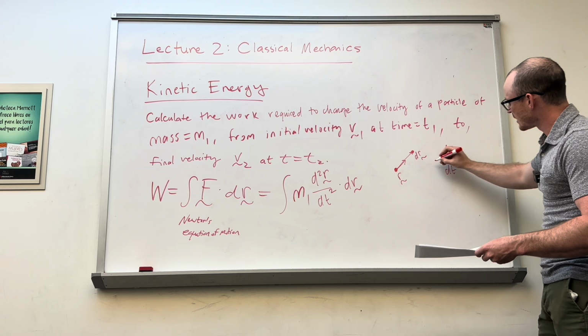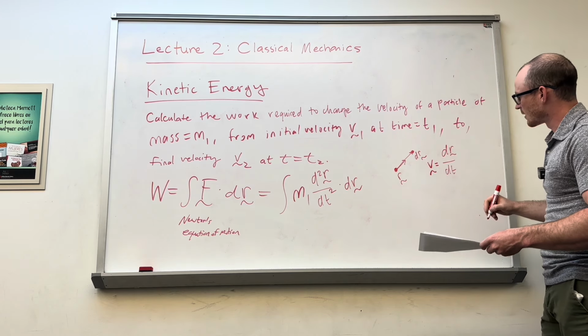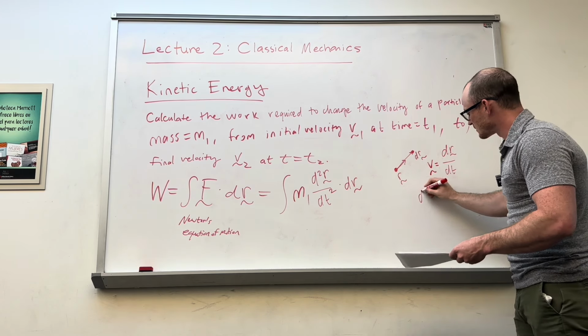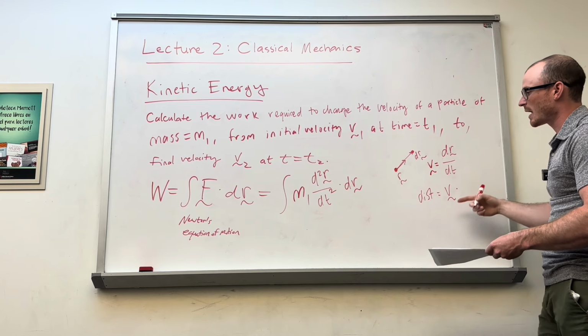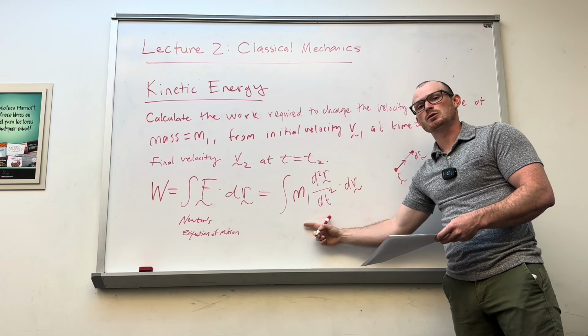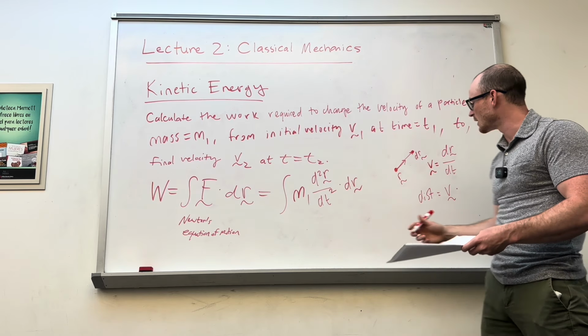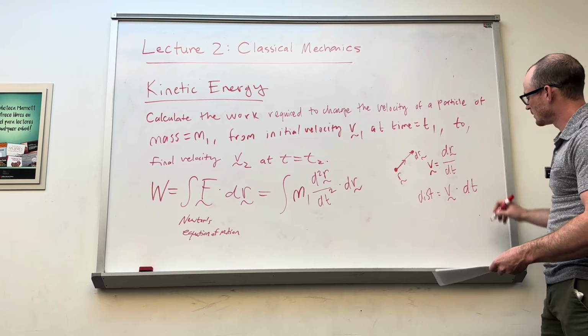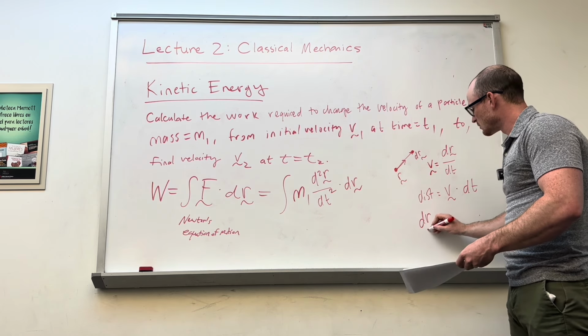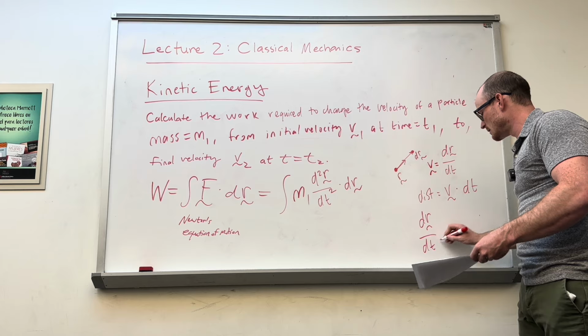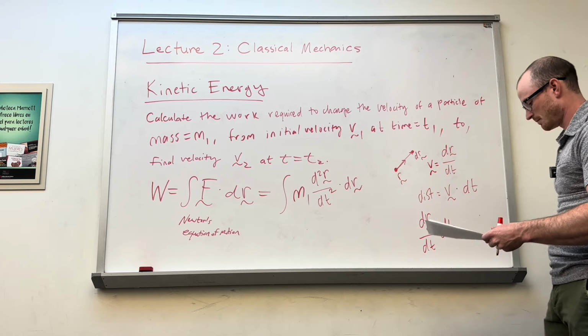The velocity is dr/dt, and the distance traveled is the velocity times how much time has passed, which, if we're doing an integral with respect to time, the variable we want to change into, is dt. So when we change the variables, we're actually going to introduce dr/dt dt.